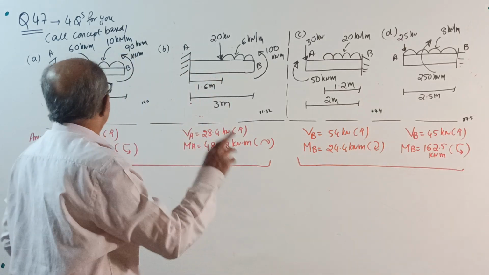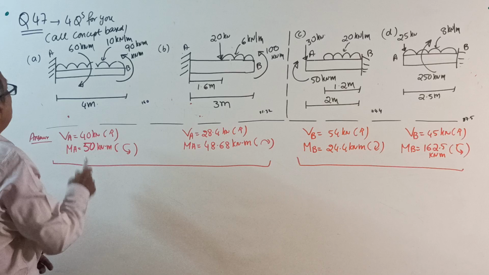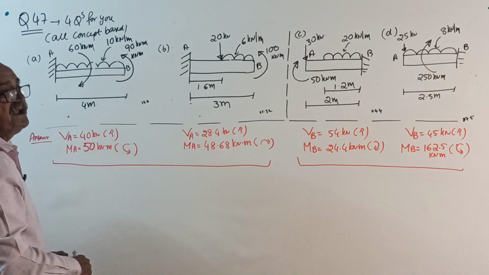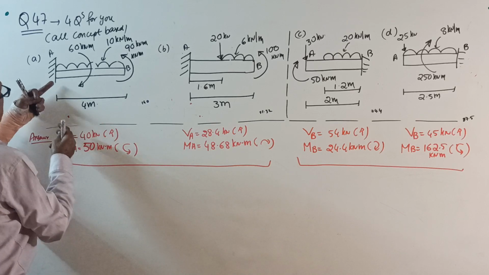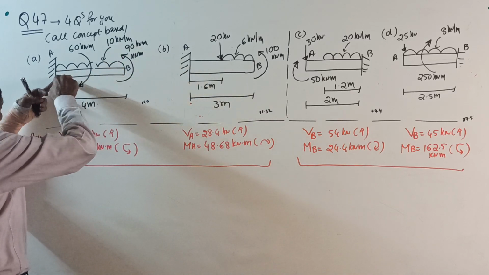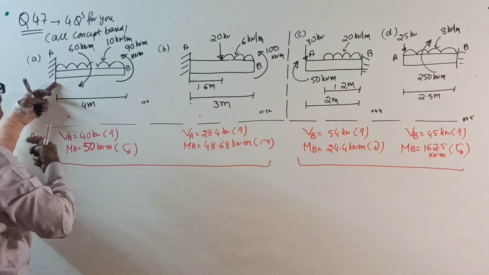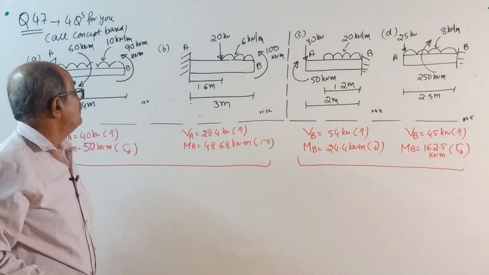See here, in this question, you first find the net rotational effect about the point A. If I put a finger here, I can't lift the other hand. If I take moment about this fixed point, as I always told: 10 into 4 by 2 is clockwise. 60 also is clockwise. Together it will come 140 clockwise.